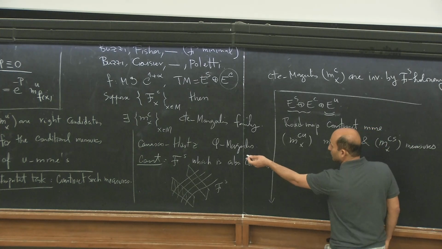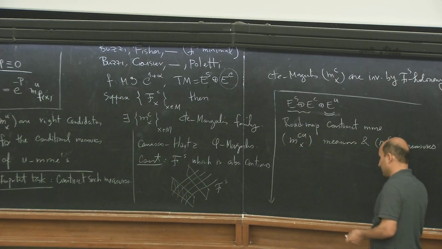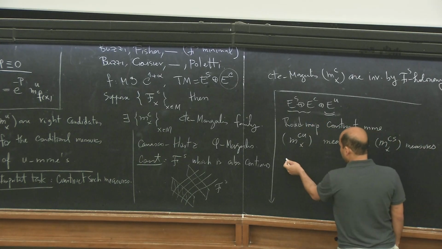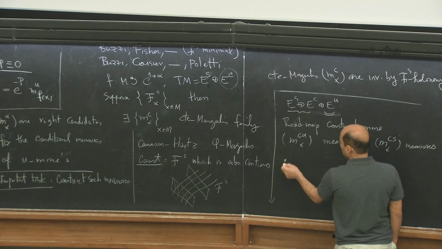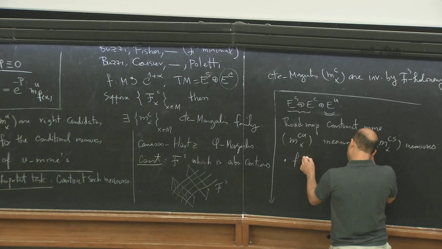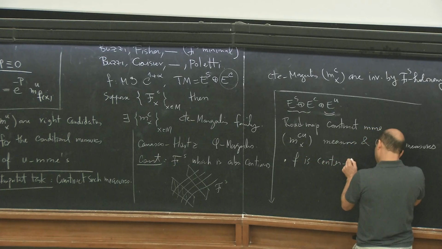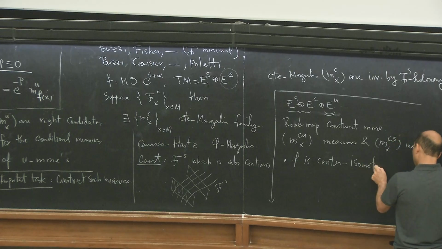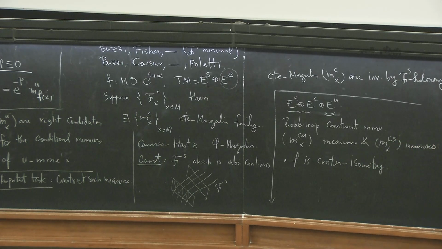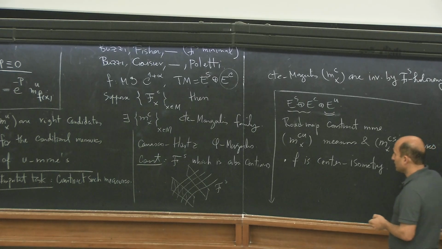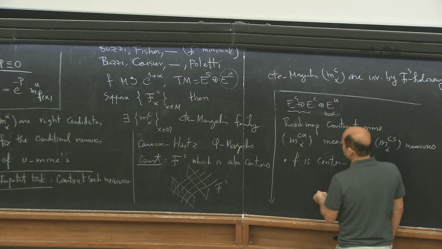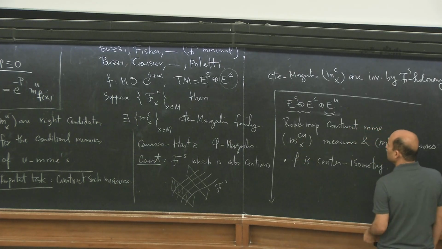For instance, in Pablo and Federico's paper, they suppose that F is a center isometry. If you have a center foliation of any dimension, and the action of F there is an isometry, you can induce a measure from MCU to MU.